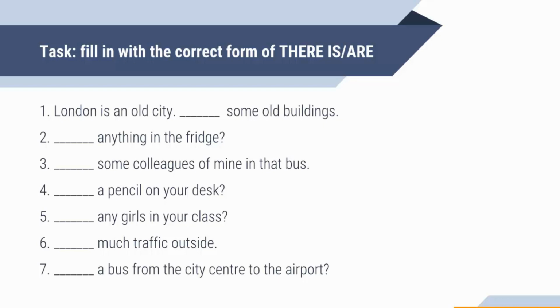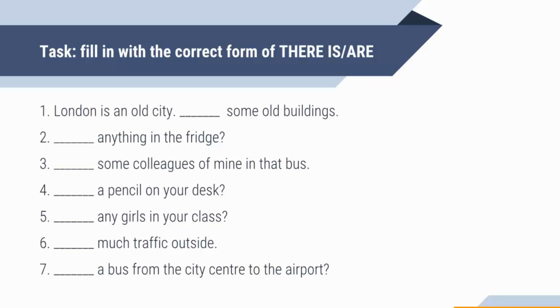And question, the sentence is question. Is there a pencil on your desk? Any girls in your class? Question. Any girls is countable and it's in plural. So, are there any girls in your class?